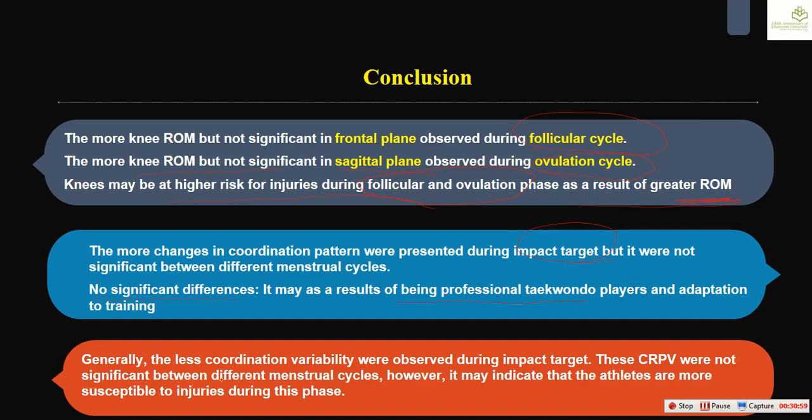Generally, we had less coordination variability during impact target of the roundhouse kick cycles. And as we know, less coordination variability may increase the risk for injuries in joints and segments.